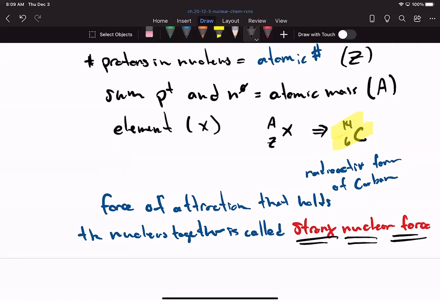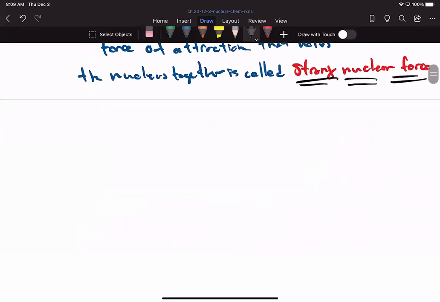Now, the strong nuclear force is one of the 4 fundamental forces, and I don't know if you've ever even heard of that term. The book doesn't discuss it, but I'm going to talk about it just a little bit. I think it's important to know here.